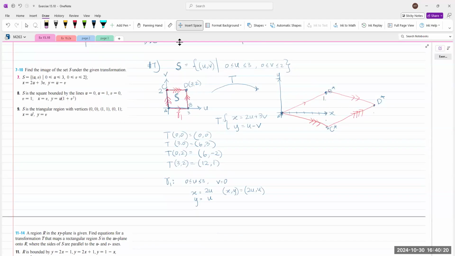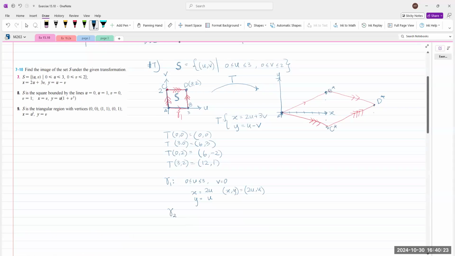The second path: u equals 3, but v will be from 0 to 2, right? So under that transformation, x will be 6 plus 3v. The y will be 3 minus v.